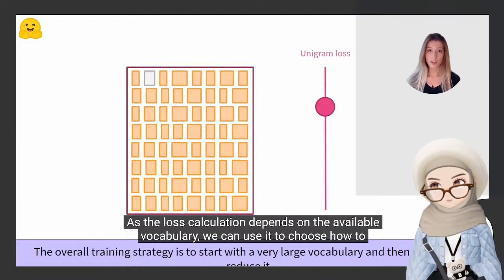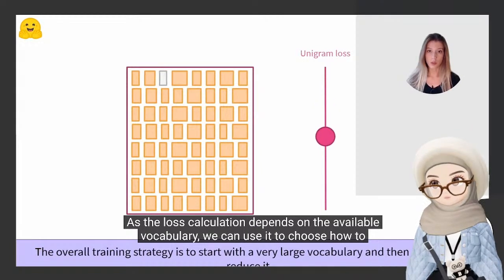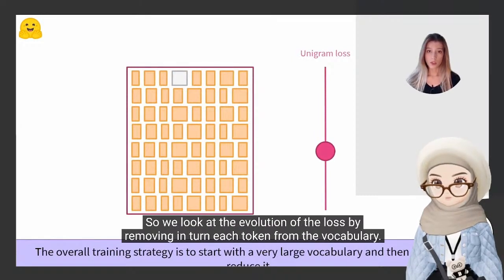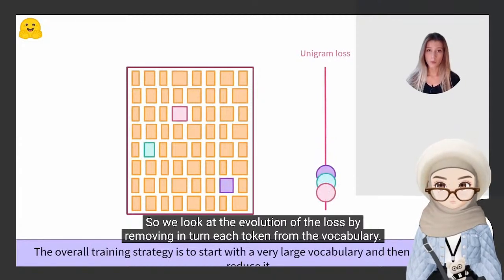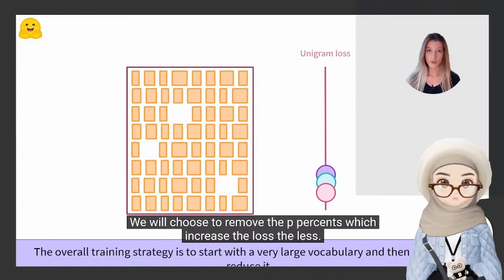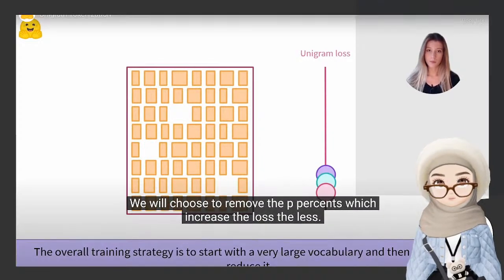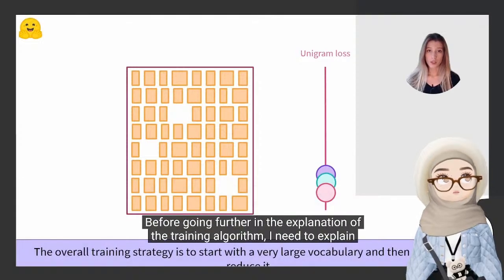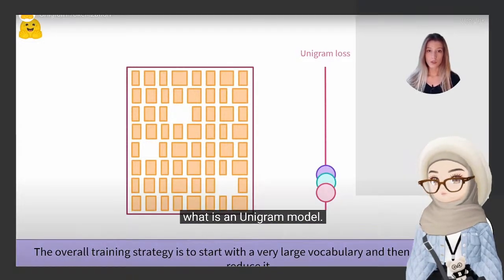As the loss calculation depends on the available vocabulary, we can use it to choose how to reduce the vocabulary. So we look at the evolution of the loss by removing in turn each token from the vocabulary. We will choose to remove the token which increases the loss the least. Before going further in the explanation of the training algorithm, I need to explain what is a unigram model.